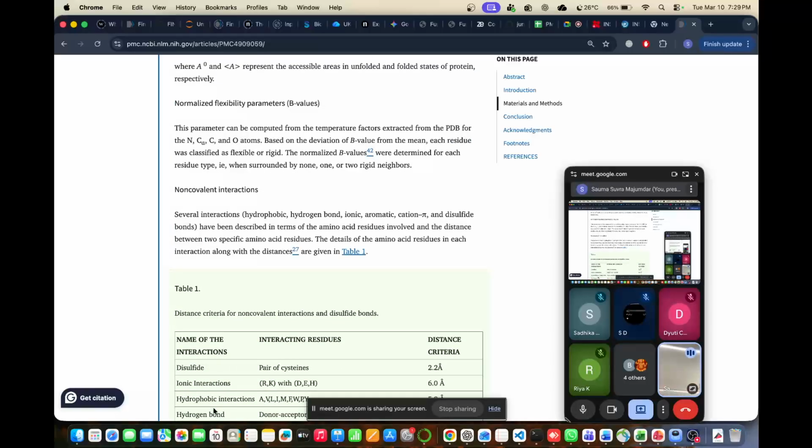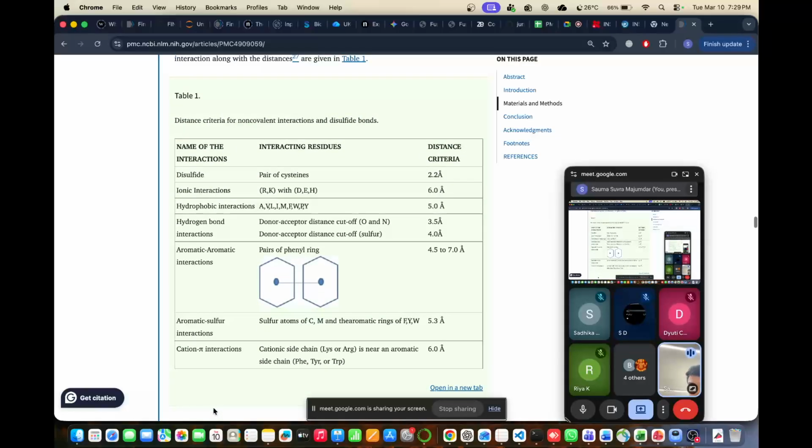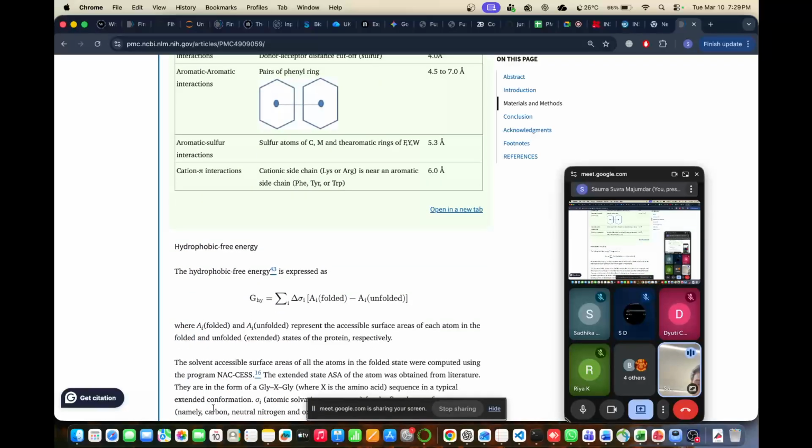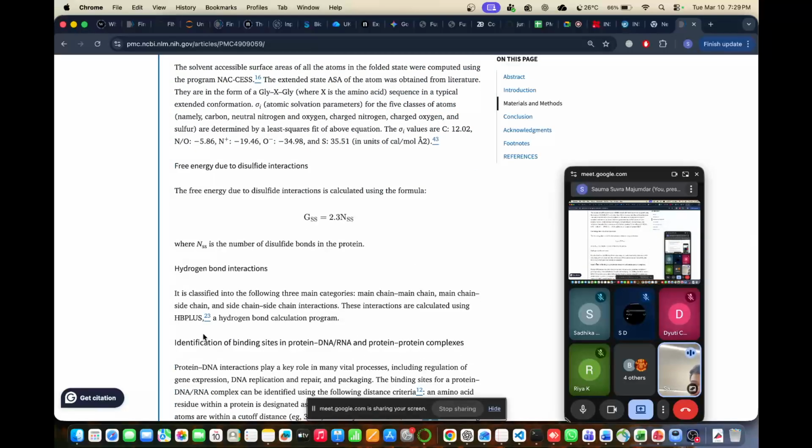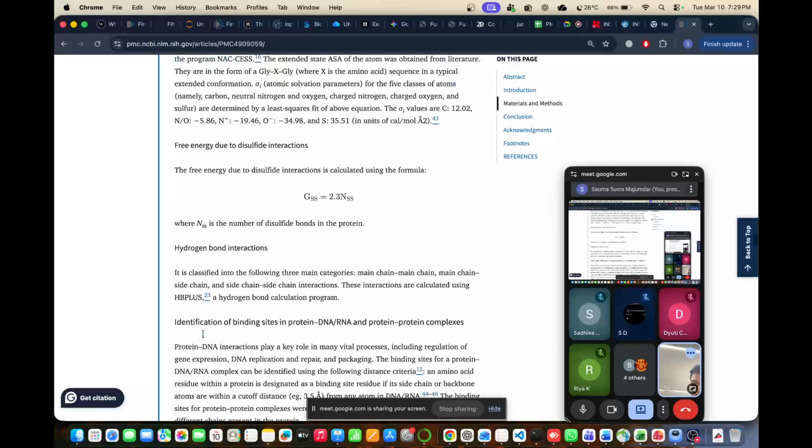So there are a host of parameters that they use to quantify how good or how bad the protein has been folded. And then you have the hydrophobicity indices, hydrogen bonding parameters, and so on.